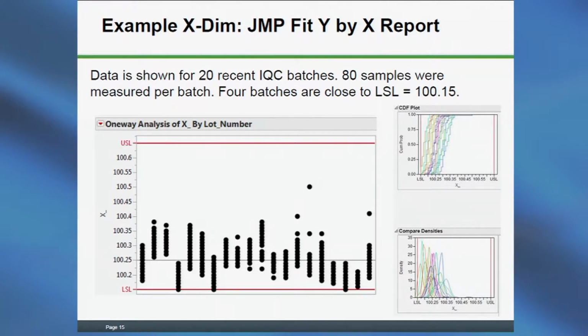And to the right, you can fit CDFs, cumulative distribution functions, to each one of the data groups. And you can also compare the density. JMP has a very nice overlaying ability to do the density analysis in the lower right-hand corner. You can compare the densities. They're fairly close, but you can see some of those are coming close to the lower spec limit.